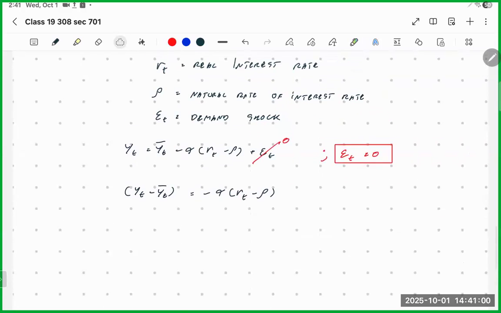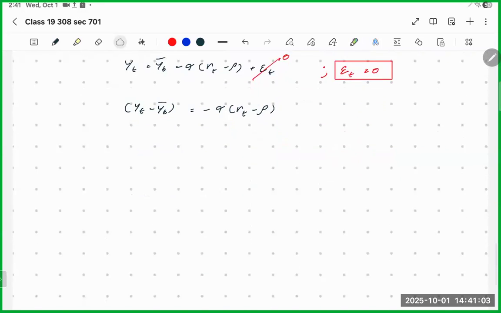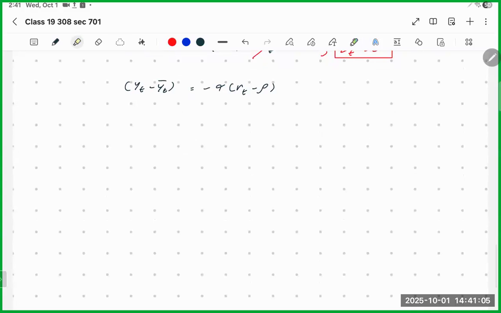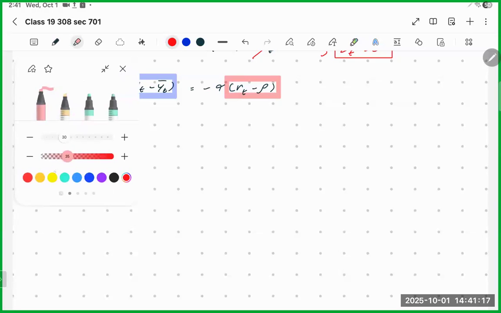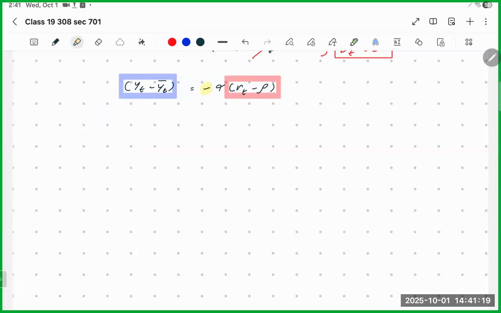To understand this equation, we compare the bracket on the left with the bracket on the right. Don't forget that in front of the bracket on the right, you have a negative. Let's say if r_t equals rho, the right-hand side of the equation is equal to 0.